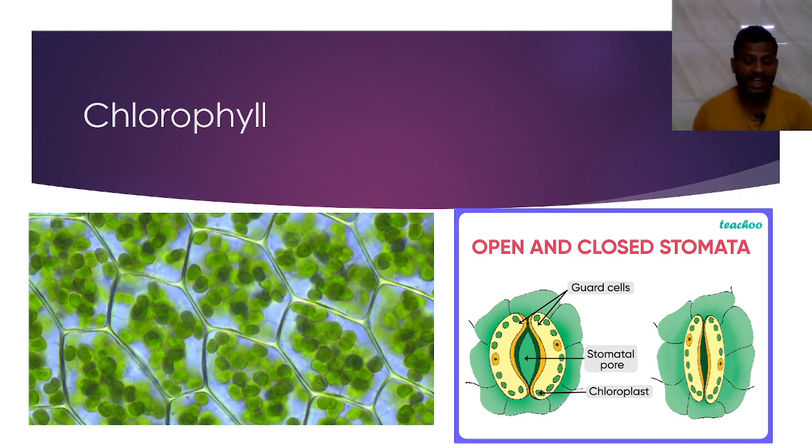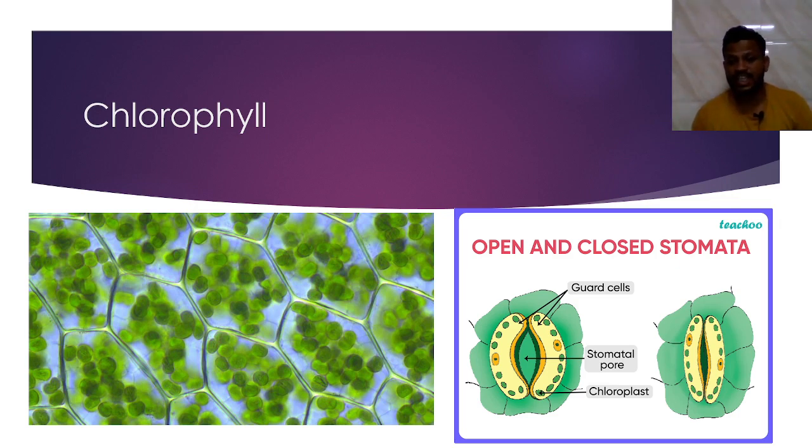On the right hand side, we see some pictures known as stomata. Stomata are the pores present in the leaves. Here we see the guard cells. These are the border of a stomata, which help in the closing and opening of a stomata.